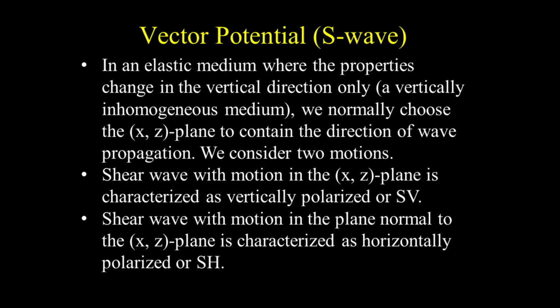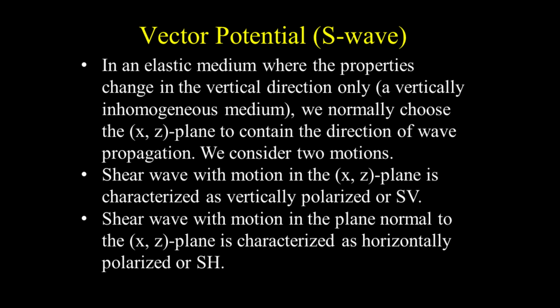Consider an elastic medium in which the properties change in the vertical direction only, that is, a vertically inhomogeneous medium. We normally choose the xz plane to contain the direction of wave propagation. And we consider two motions.